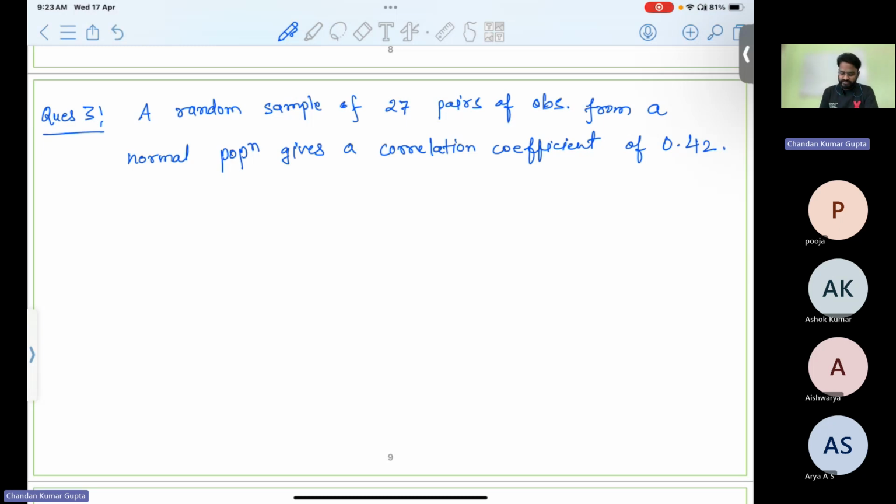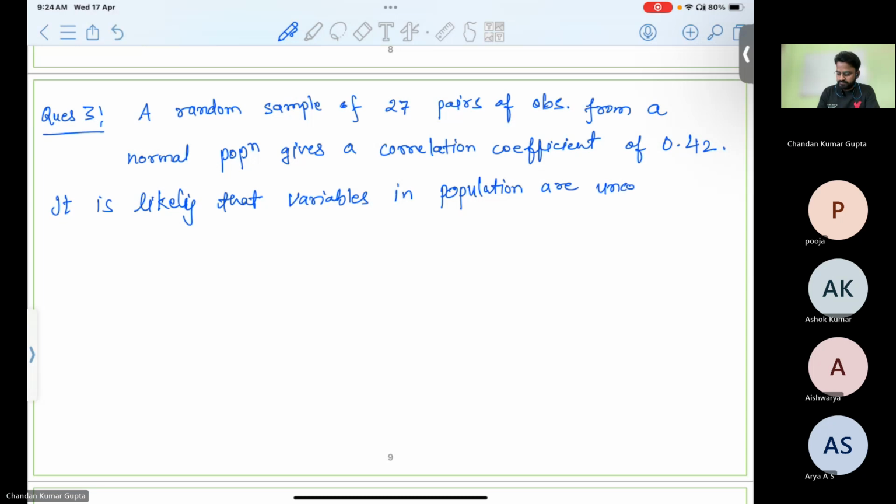Is it likely that the variables in the population are uncorrelated? Test this at 5% level of significance.